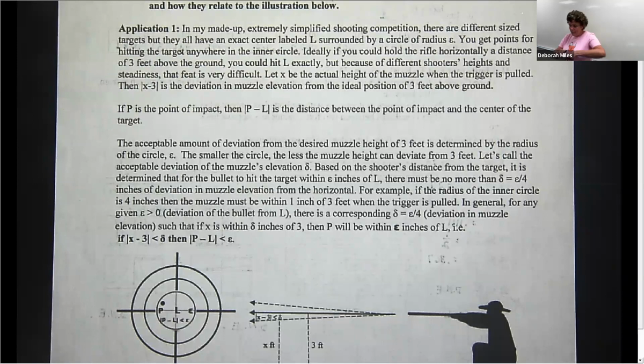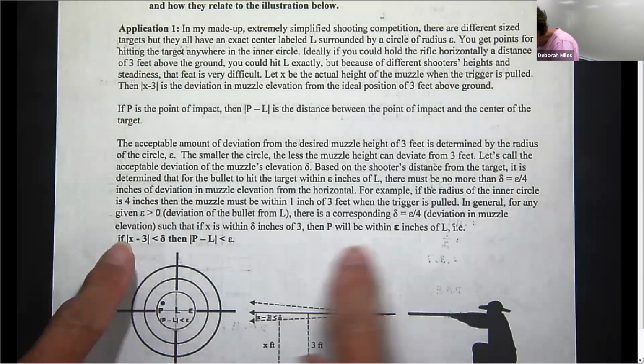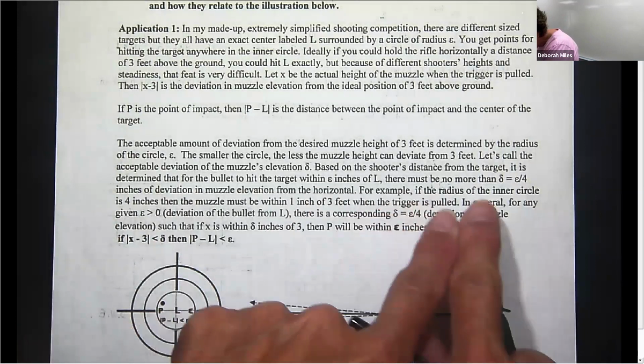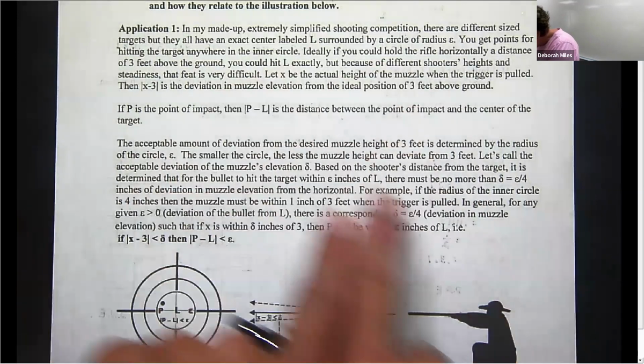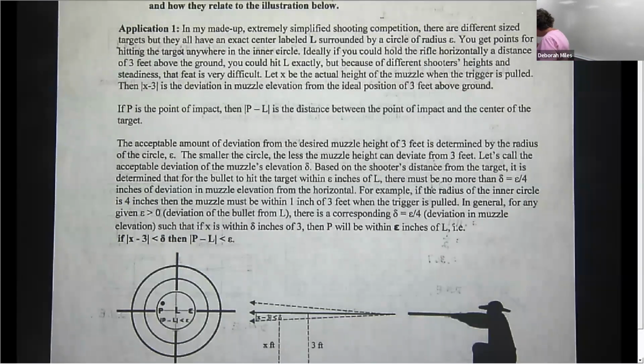And in my made up scenario, I said, if you want the bullet to be within epsilon units of the L, then the amount of shaking is going to have to be within delta units of 3 feet. And the closer you have to be to L, then the steadier you're going to have to hold your gun to exactly 3 feet.